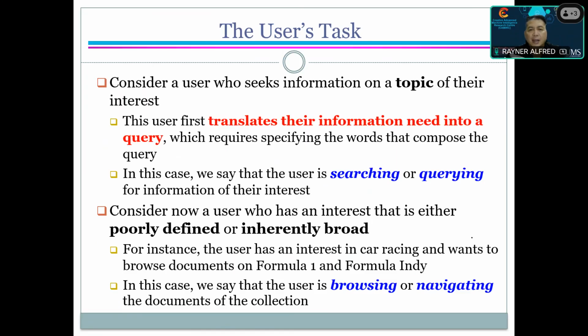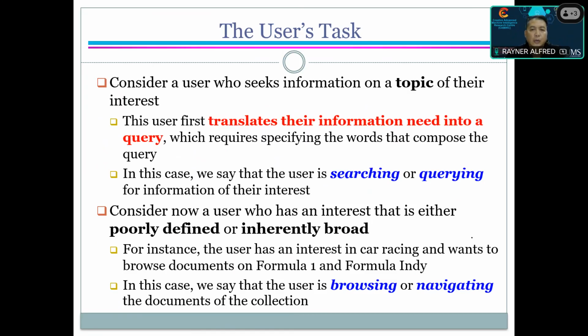Because if you don't have any idea about the information you require, then you cannot determine which one is more relevant to you, right? Okay. So once you know what you want to know, then you can express this in the query.